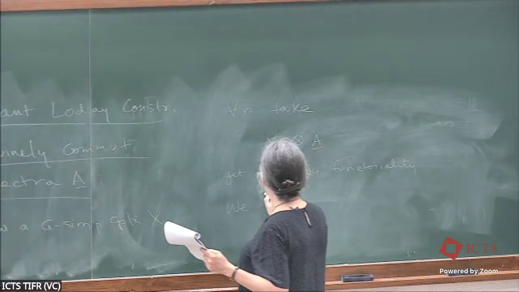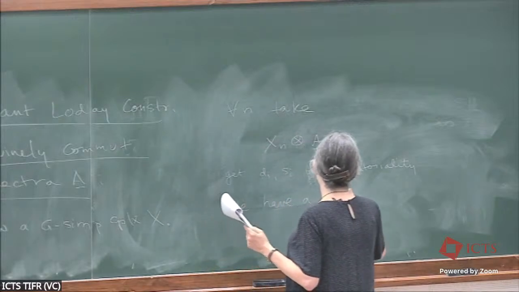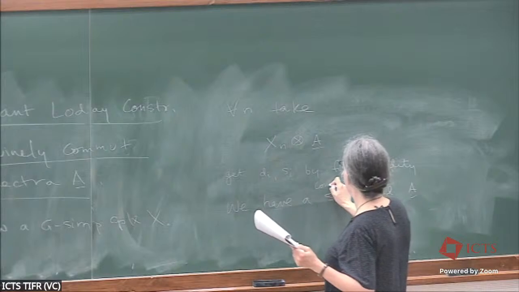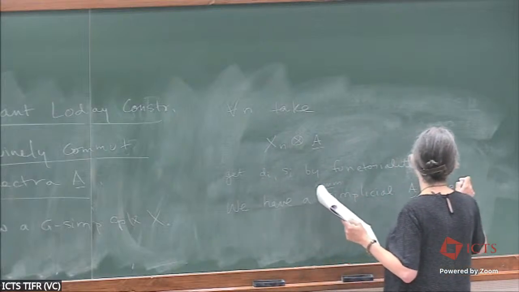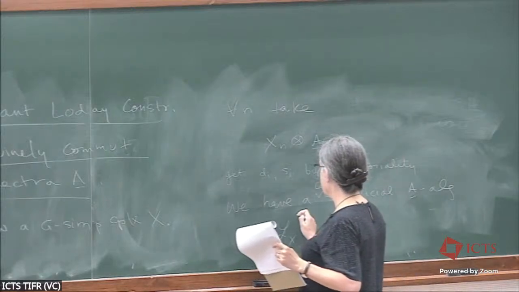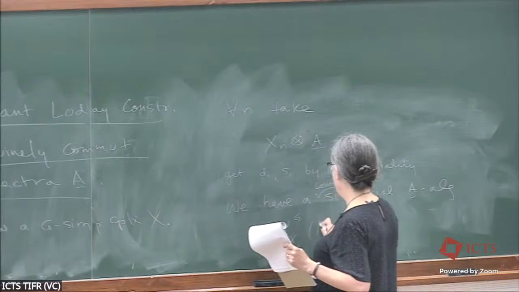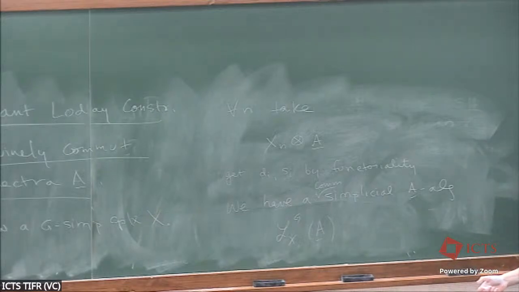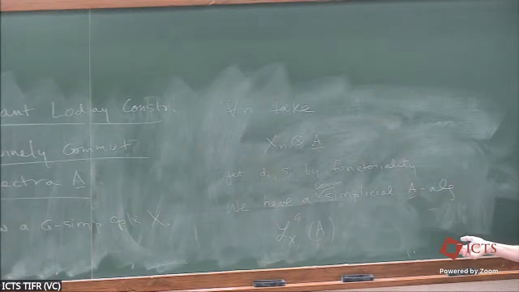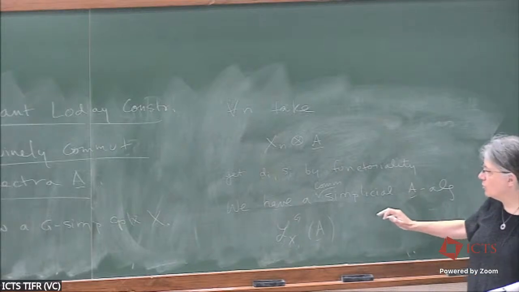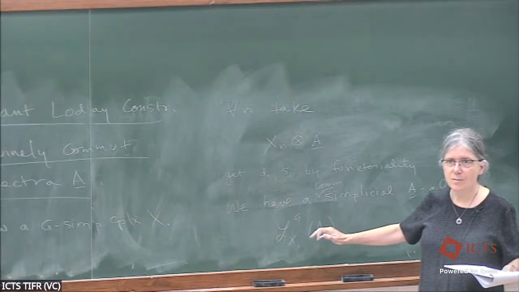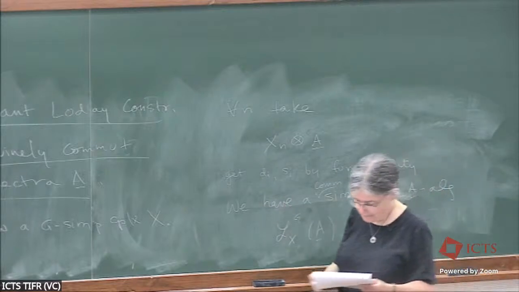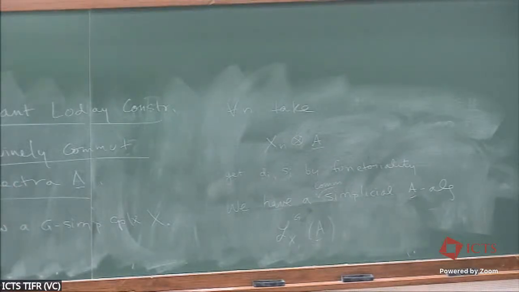And we have a simplicial commutative A algebra, and we're going to call it L_X^G A. I call it L_X^G A because we worked really hard to build G. But if you forget about the action, then the underlying spectrum is just L_X of A. And really, there's nothing we need to do.